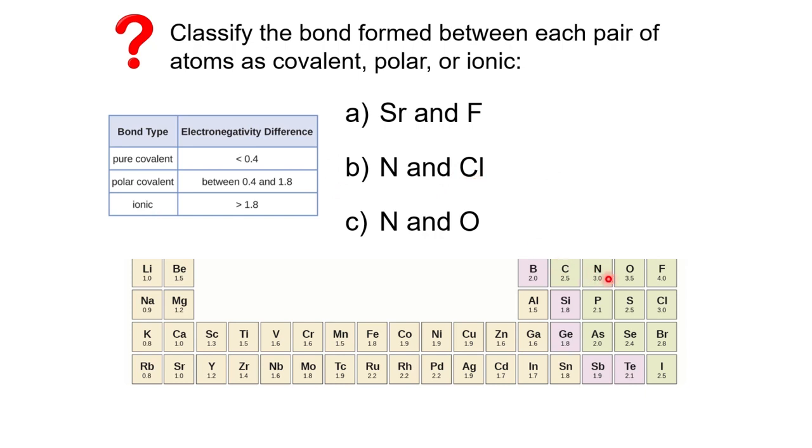N and O. Nitrogen has 3, oxygen has 3.5. The difference is 0.5. So it's barely polar covalent. So oxygen is going to pull the electrons towards itself in its covalent bond with nitrogen. So this would have the delta minus, and this would have the delta plus.